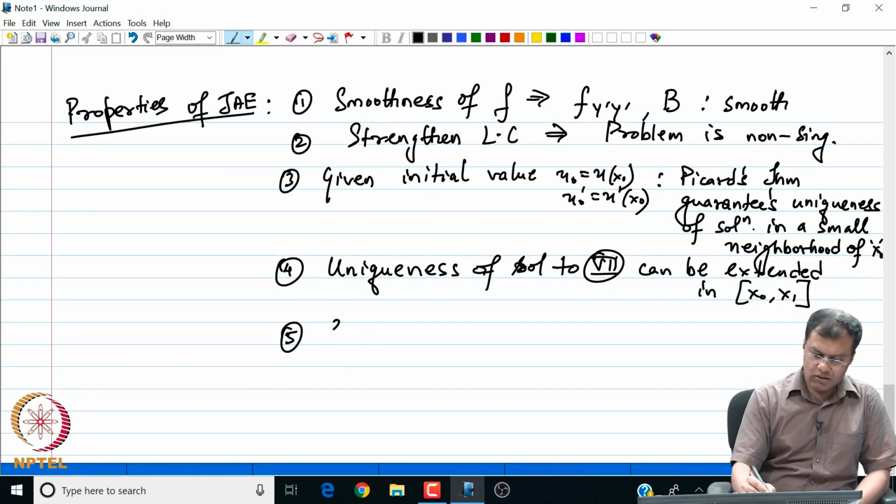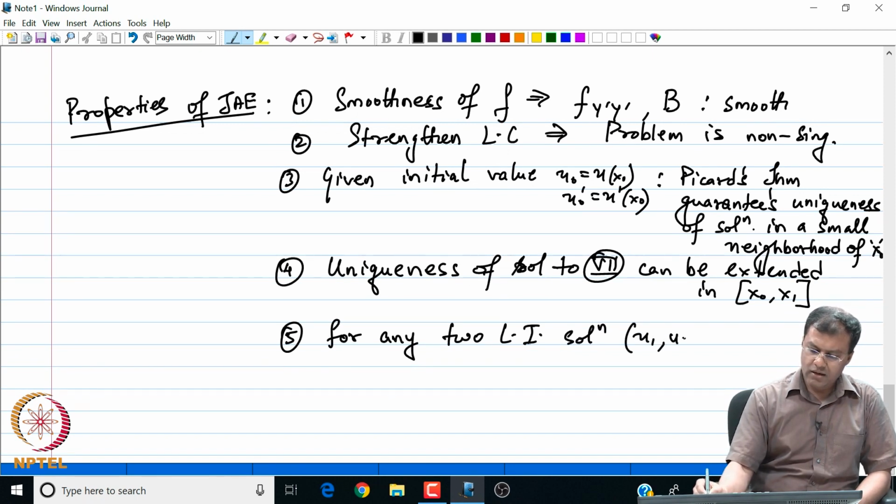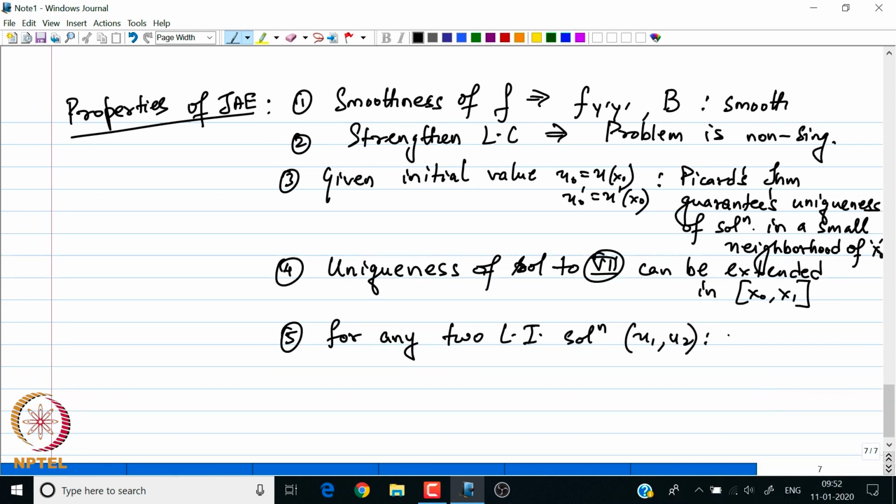Suppose for any two linearly independent solutions u1, u2, the solution u, which is alpha 1 u1 plus alpha 2 u2, is also a solution of the problem. Okay, so that is it in terms of the solution to the Jacobi accessory equation.